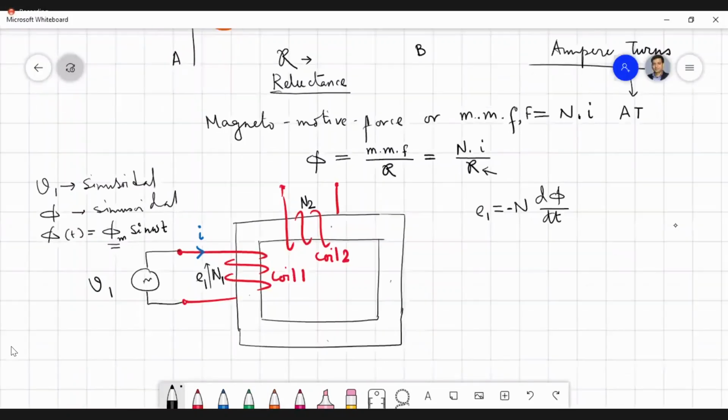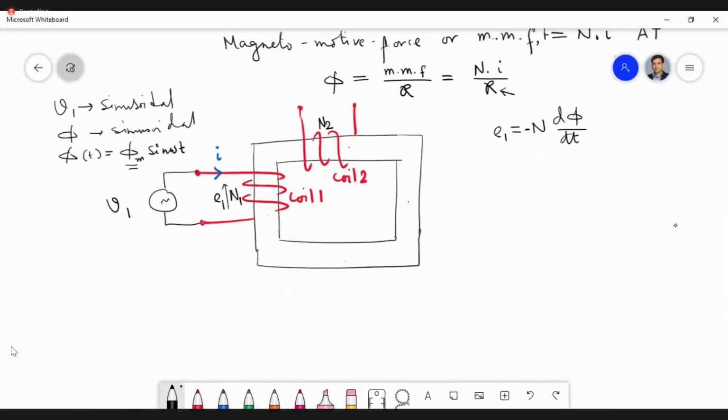We can also draw it with respect to time. This is the nature of the flux, a time varying quantity, a sinusoidal function of time. And this maximum value, as I defined, is called phi m.